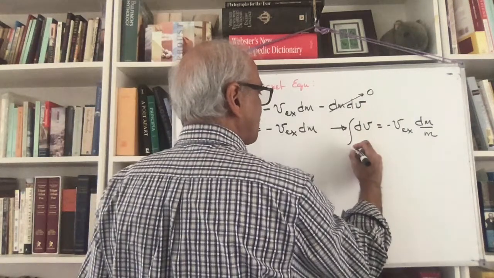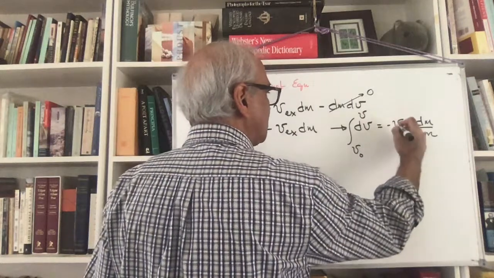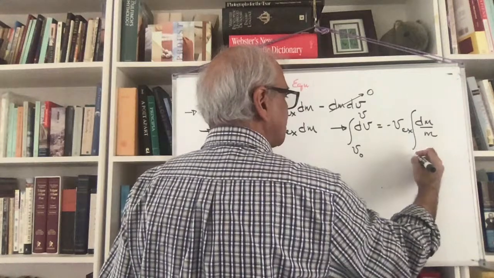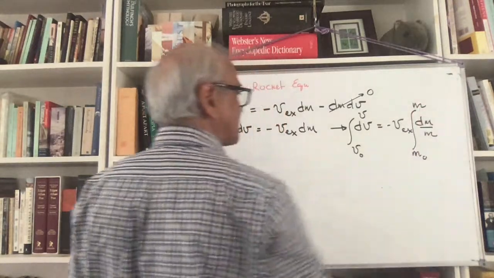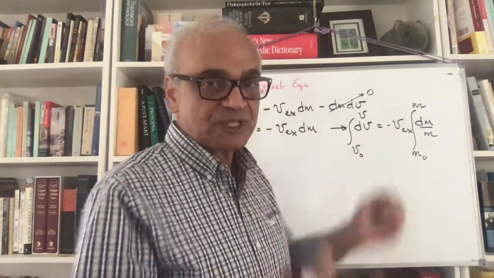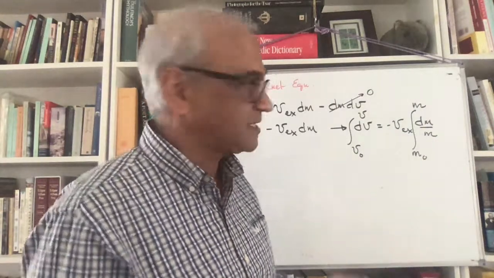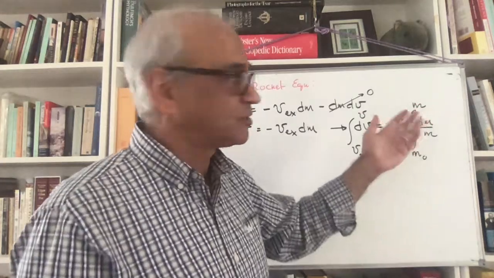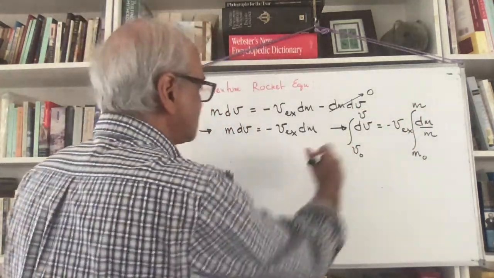We want to go from a certain initial velocity v naught to v, and here we want to remember vex is constant. We want to go from some initial mass to the present mass. It's like if you send your rocket with 1,000 kilograms and then it's only 100 kilograms, let's say, and the velocity initially could be 0 and going to the final velocity that we want. So what do you get here?